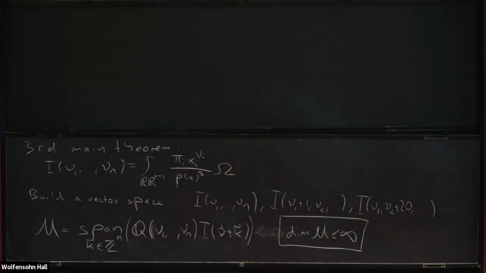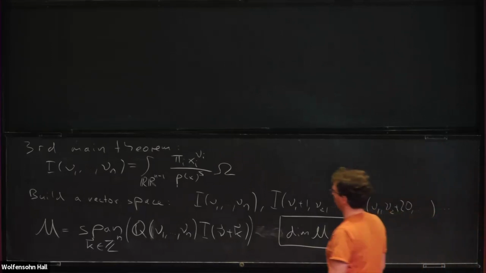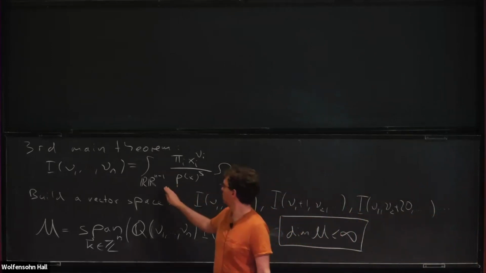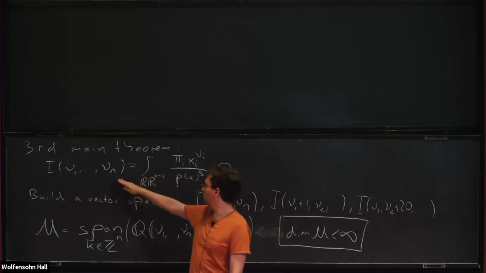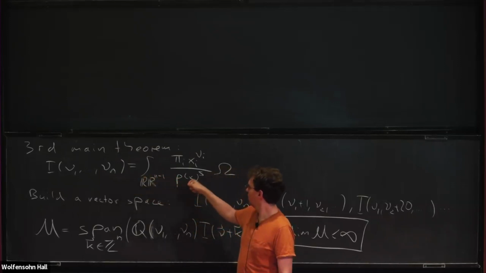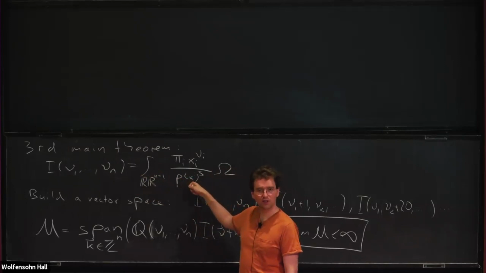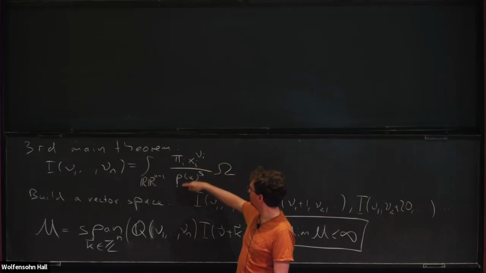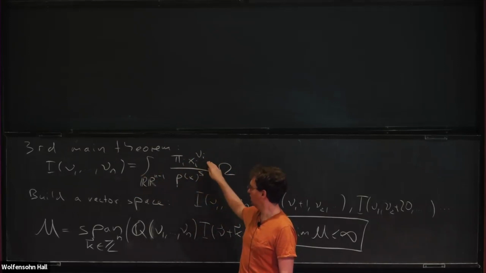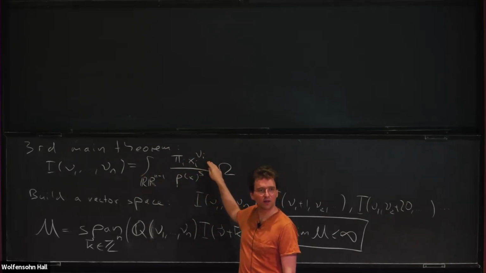What's very important, for instance, is that you can use this to write down differential equations, also in terms of these coefficients of the p. So you can hit this integral with a differential operator that acts on some coefficient of the p, and then it's going to raise the power of the denominator, and it's also going to give you some coefficients in the numerator.